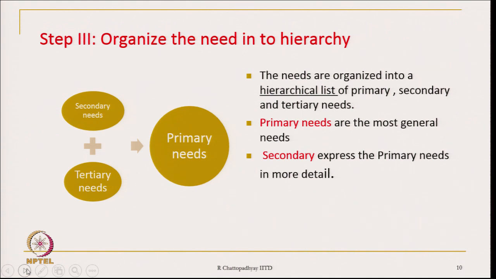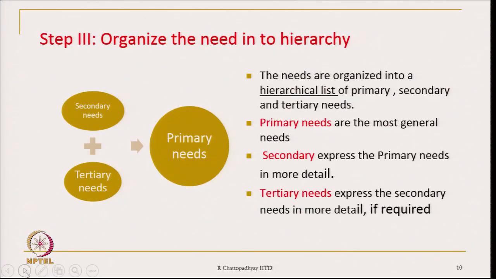So, primary needs are broad needs, whereas secondary needs express the primary needs in more detail, and tertiary needs express the secondary needs in further detail if that is required.